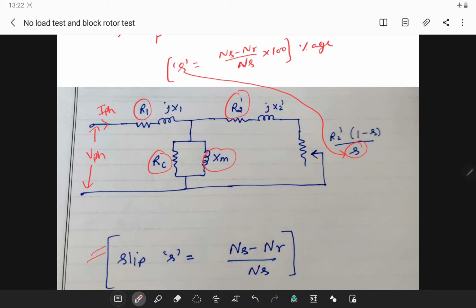It is very difficult to find x1 and x2 separately. So I can say that x1 will be equal to x2 dash, equal to Xe divided by 2. So I have found each and every parameter of the three phase induction machine by using three tests, that is the stator resistance test, block rotor test and no load test.